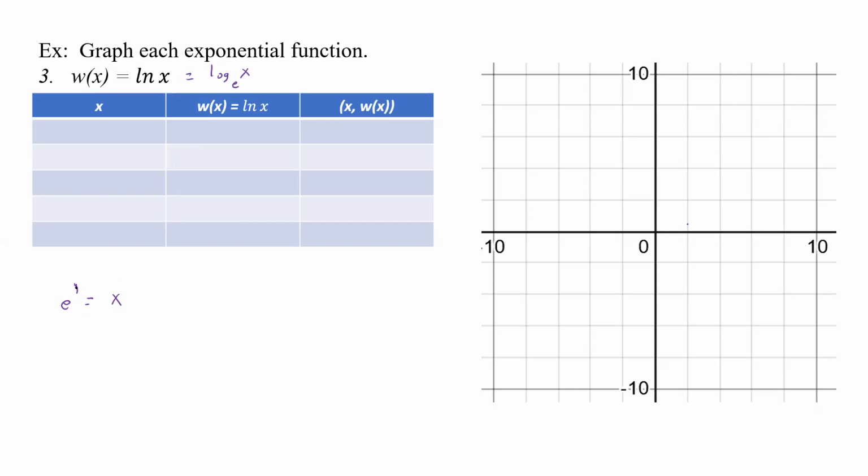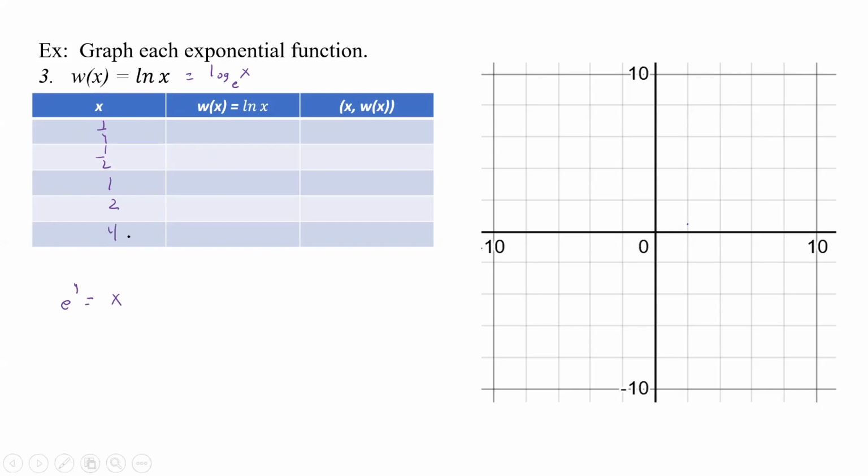We could do this two different ways. We could just plug in values for x here and then get out our ln pretty easily. We just plug it into our calculator. So we've been doing a quarter, a half, and things with 1s. Let's try a 2, maybe, and a 4.